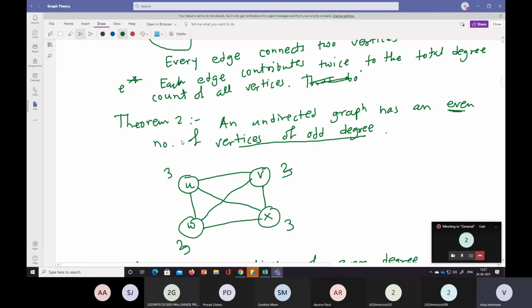Means out of those 10 we cannot have 3 vertices of odd degree or 5 vertices of odd degree. There will be an even number, meaning 2 vertices of odd degree, then 4 vertices of odd degree, or no vertices of odd degree. Okay, so likewise this theorem is there in the case of an undirected graph.